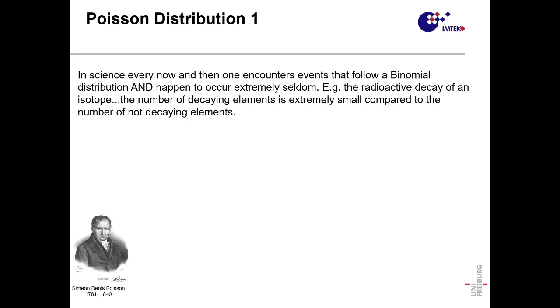When you have a very high number of repetitions, but the probability of getting the event that you are interested in is very low, then the binomial distribution doesn't work very well, or it's impossible to calculate. So he said there has to be another way to do it, and that's why the Poisson distribution comes in, which he developed. He came up with an approximation of the binomial distribution, and I will show you that.